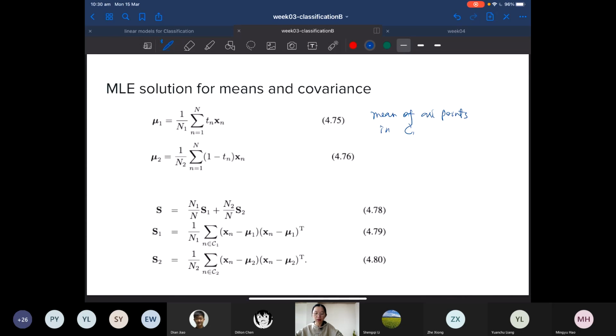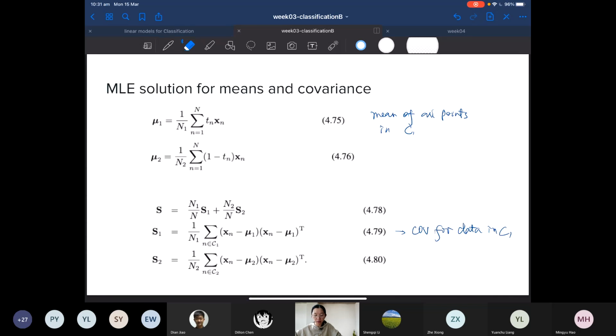And then since we said there is a shared covariance, we know that the covariance estimate for class 1, for data points in class 1, is this expression, 4.79.